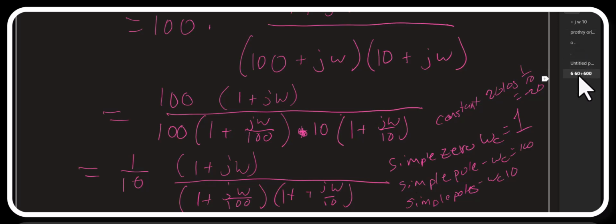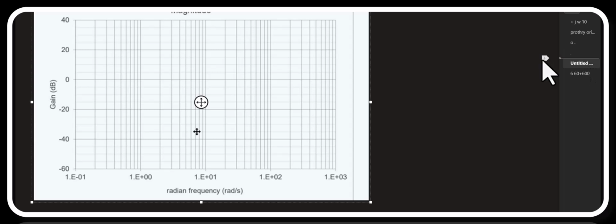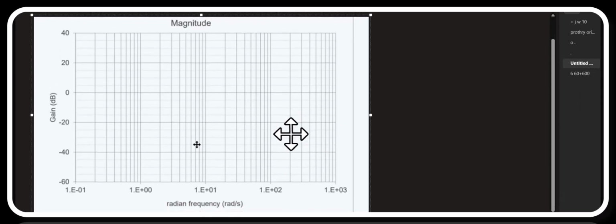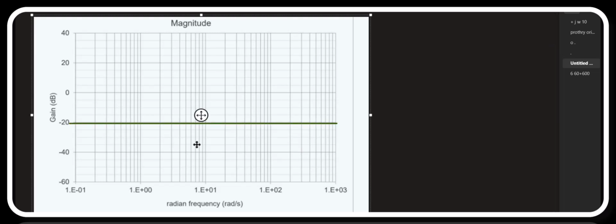So our constant term gave us negative 20. And then we had a 0 with a corner frequency of 1, so that's 0 until you get to 1, and then a slope of 20.